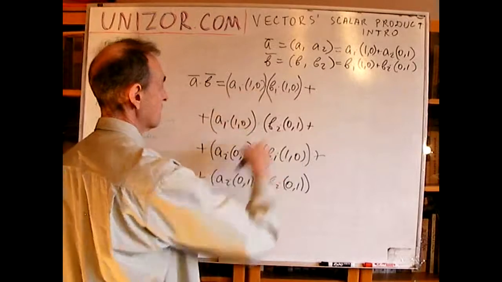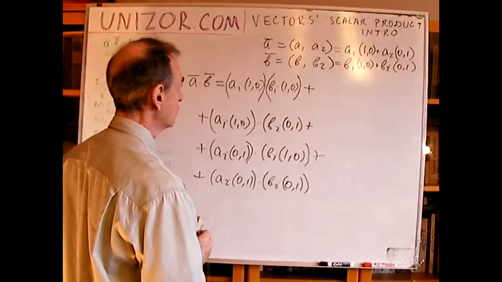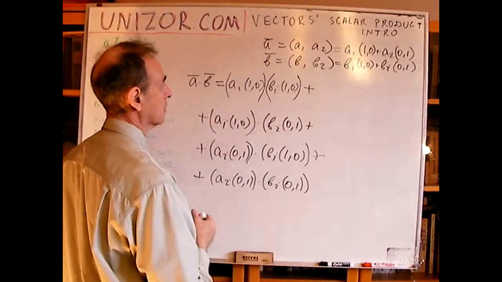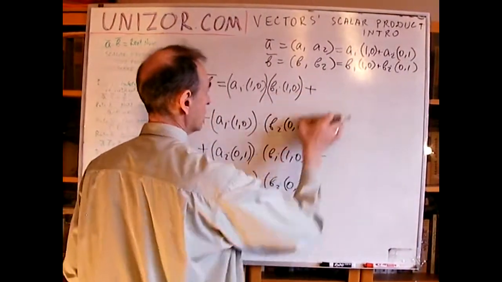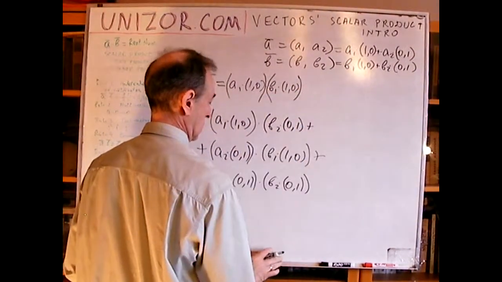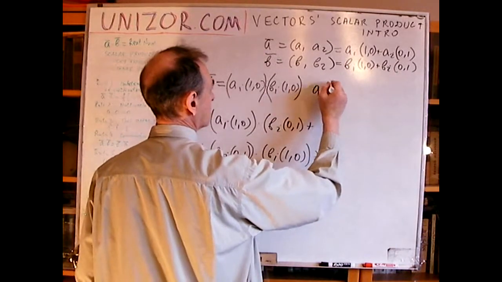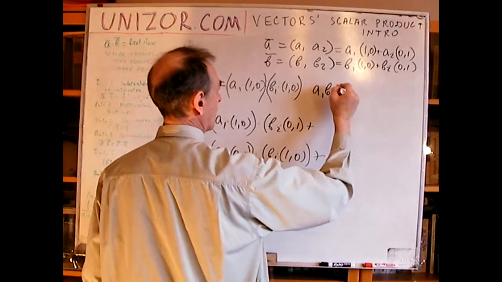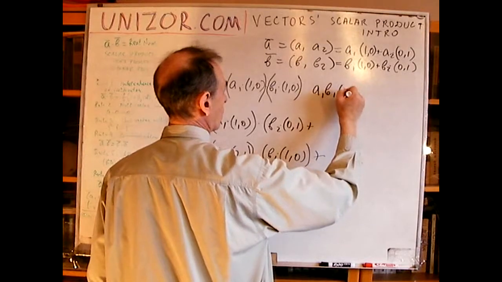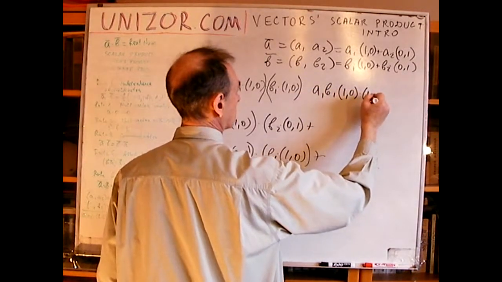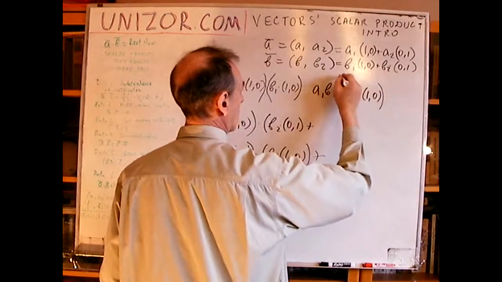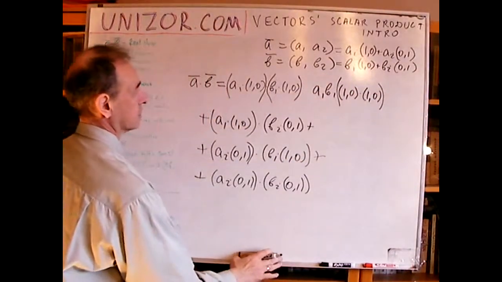So instead of this, I can use, well, let me put it on the right, and then I will wipe out. So it would be A1, B1, and then (1, 0) multiplied by (1, 0). That's what it will be.